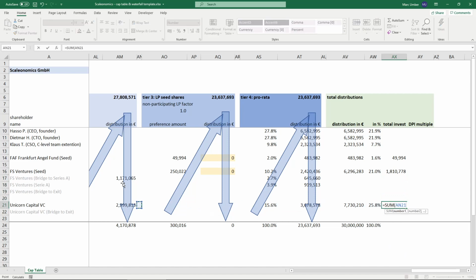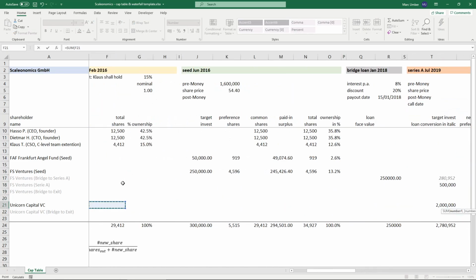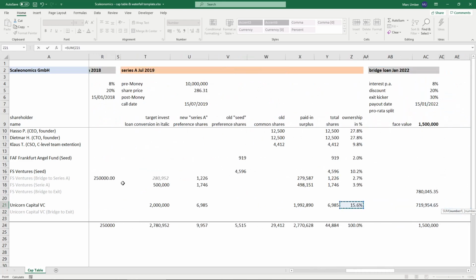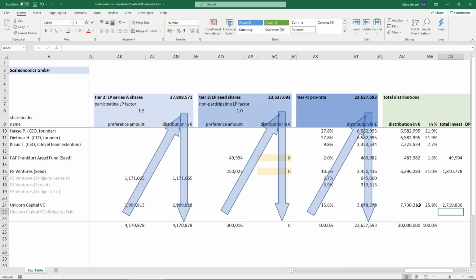Let's take a look at Unicorn Capital. Unicorn joined Scalenomics in the Series A with 2 million invests, and another bridge investment of 719,000 in the bridge to exit.